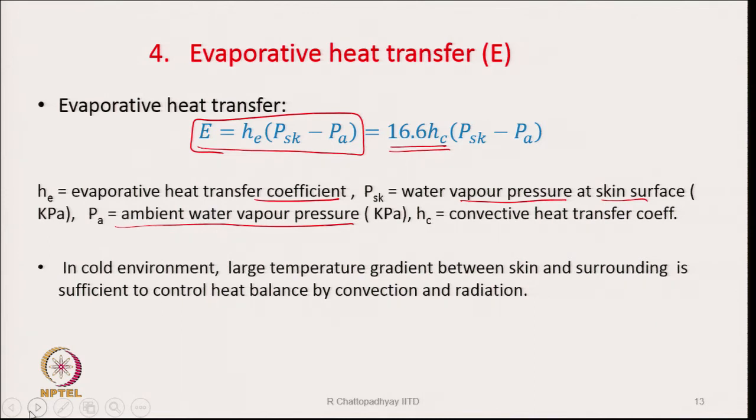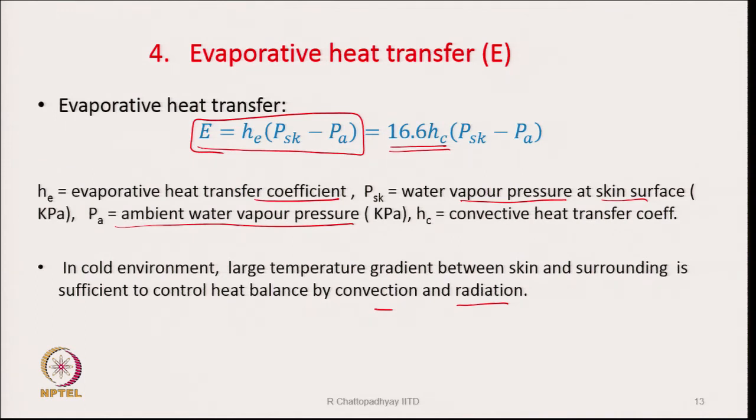Now, in a cold environment, a large temperature gradient between skin and surrounding is sufficient to control the heat balance by convection and radiation. In a cold environment, that is when the outside temperature is very low, a large temperature gradient will be developed, because we know skin temperature in a comfort situation will be around 34 to 34.5 degree centigrade. The surrounding depends upon the environment.